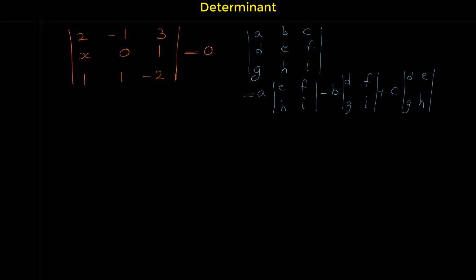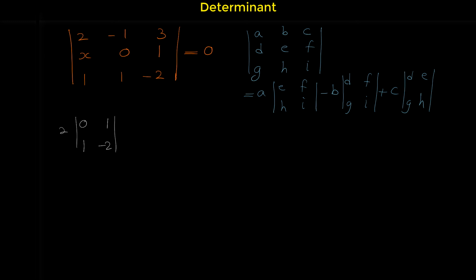Based on this formula, this determinant is equal to 2 times the determinant of deleting this row and this column. What remains is 0, 1, 1, negative 2.